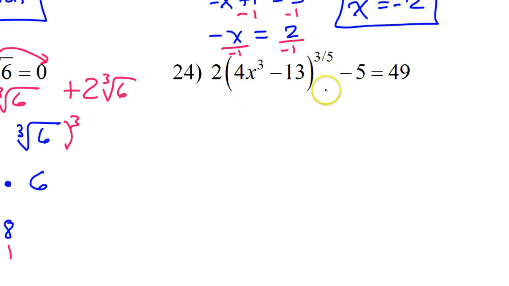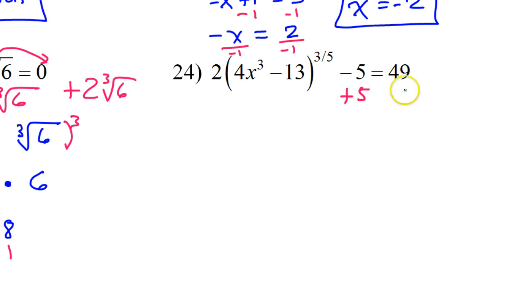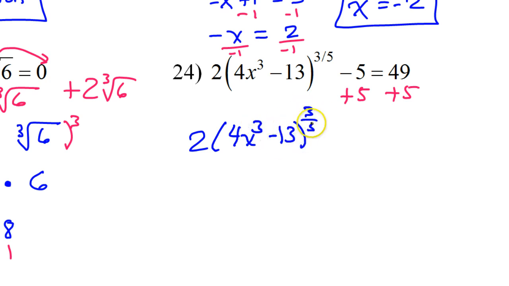Let's go ahead and get this variable part by itself. So let's add 5 to both sides. It's 5 plus 5. So far, that gives me 2 times the quantity 4x to the third power minus 13 to the 3/5 power is equal to 54.